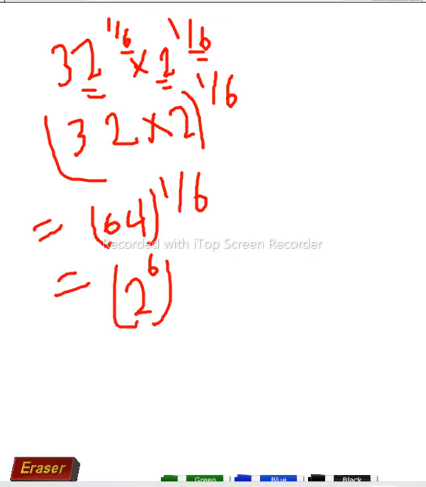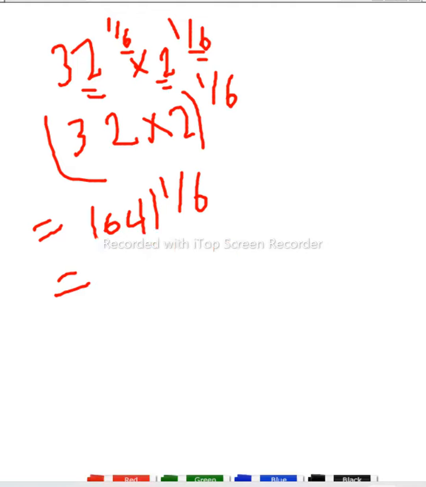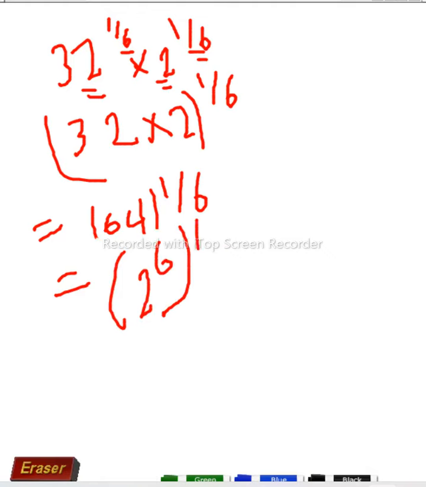Again, to the power of 1 over 6, so the 6 will be cancelled by the 6. Let us write again: 64 means 2 to the power of 6, and again to the power of 1 over 6. So 6 times 1 over 6 is 6 over 6, which is 6 divided by 6, and we get 2 to the power of 1, which is the same as 2.